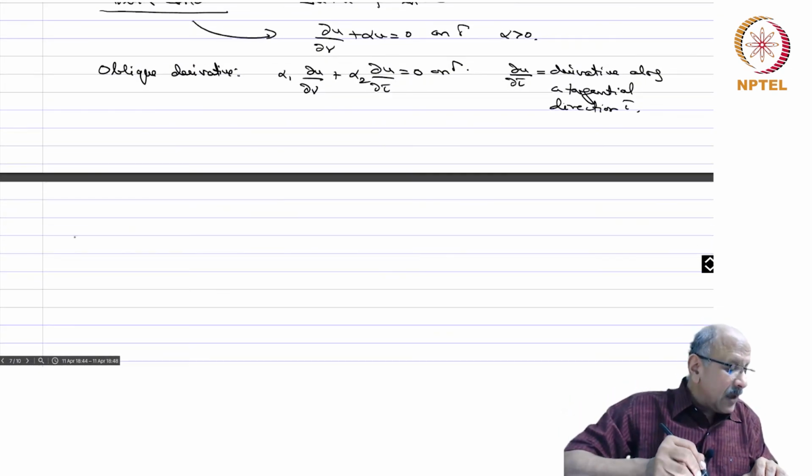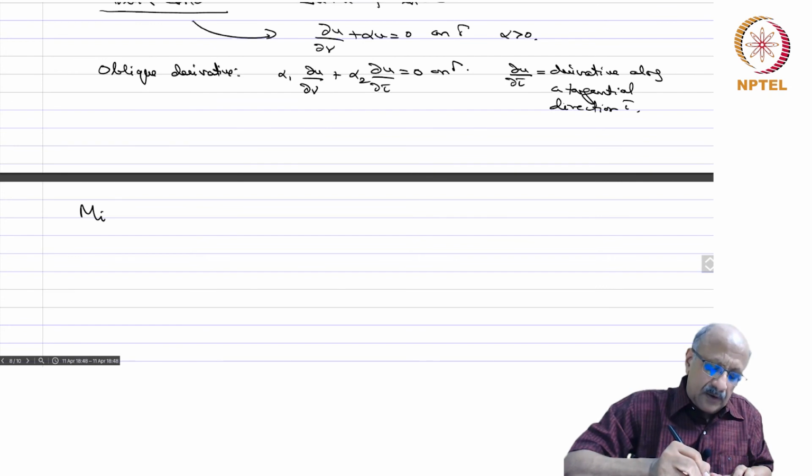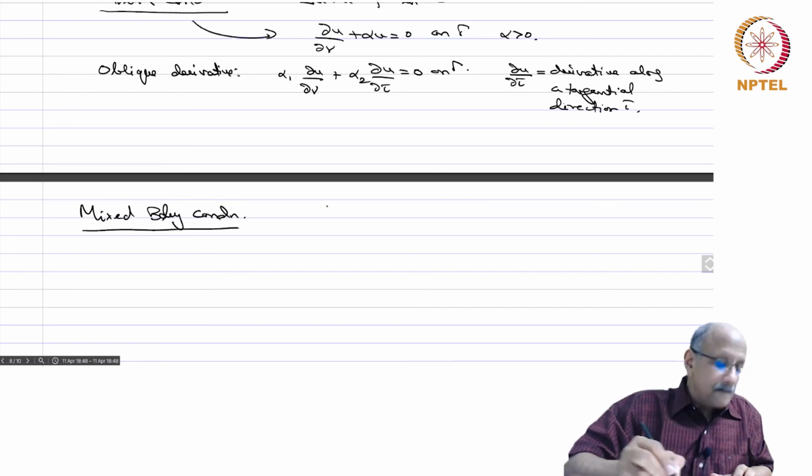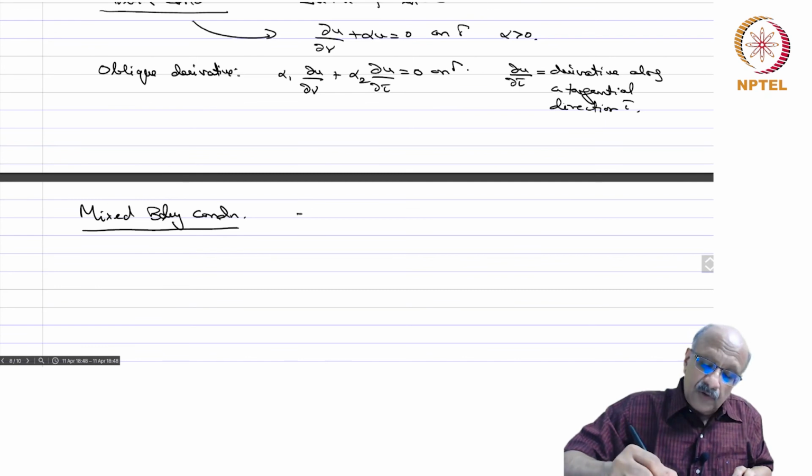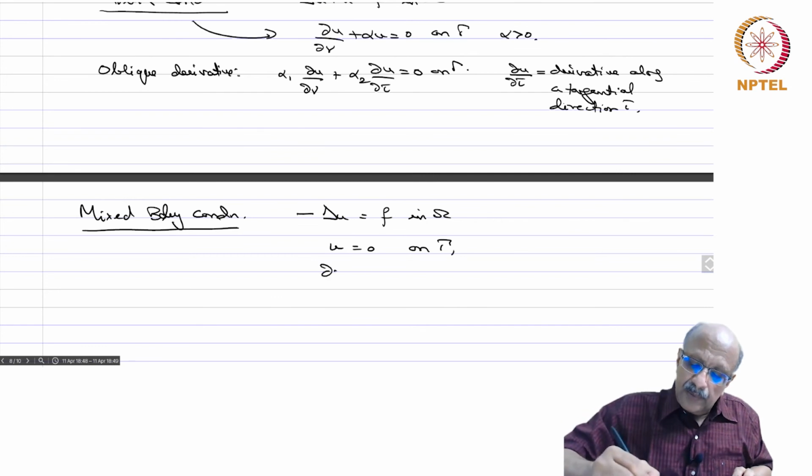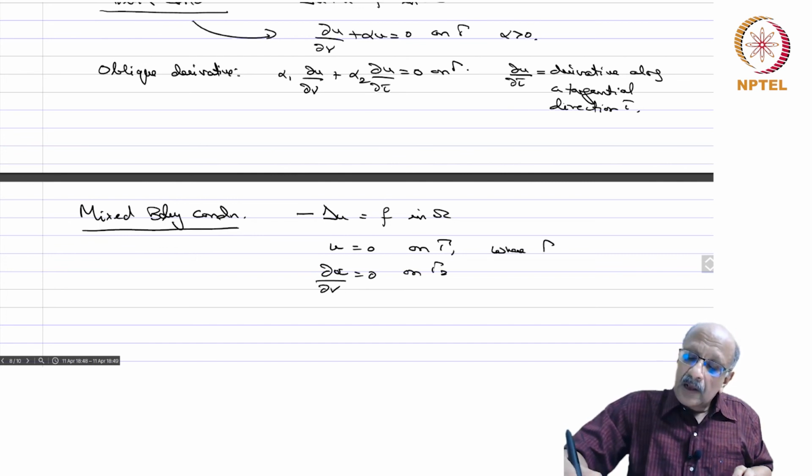Okay, you can also have mixed boundary conditions. So for instance you have minus Laplacian u equals f in omega, u equal to 0 on gamma 1, and du by d nu equal to 0 on gamma 2, where gamma equals gamma 1 union gamma 2 and gamma 1 intersection gamma 2 is empty.